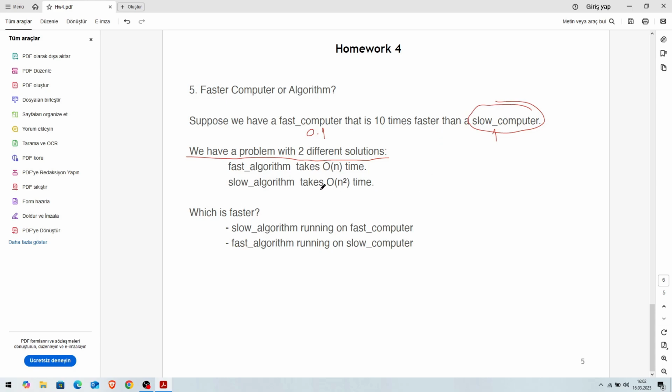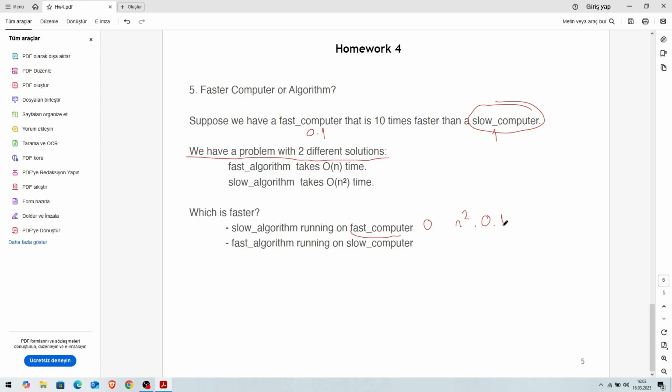After that, we have a slow algorithm. A slow algorithm takes O(2 to the power of n) time, and the fast algorithm takes O(n) time. For the slow algorithm running on the fast computer, we have n squared multiplied by 0.1, because of the fast computer.